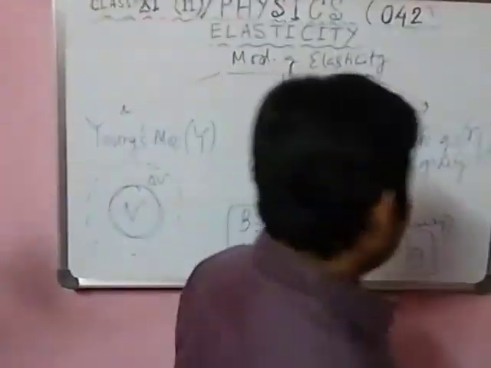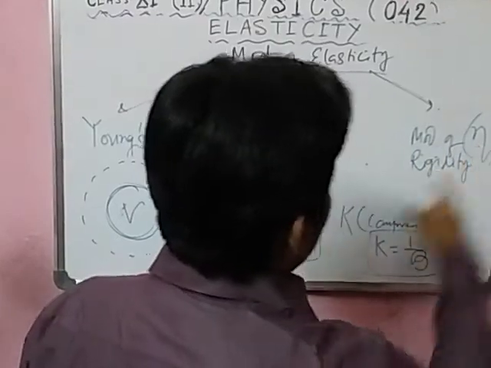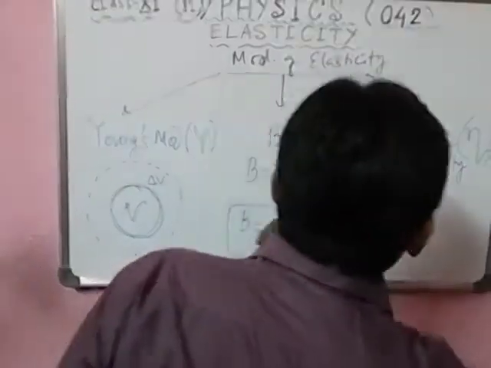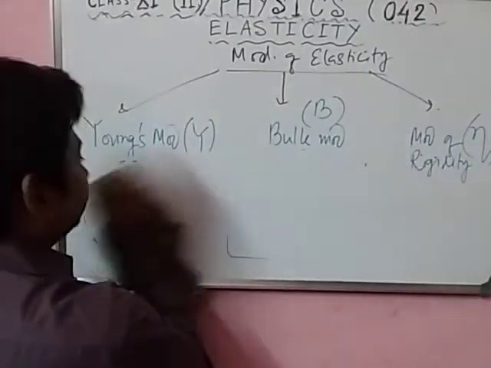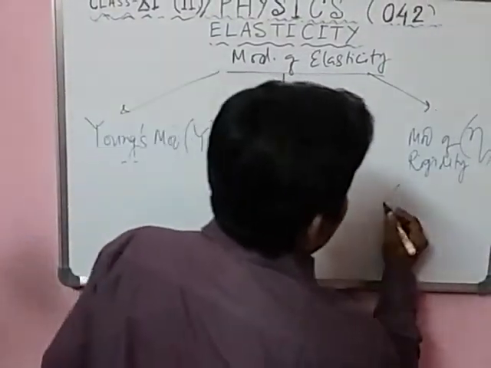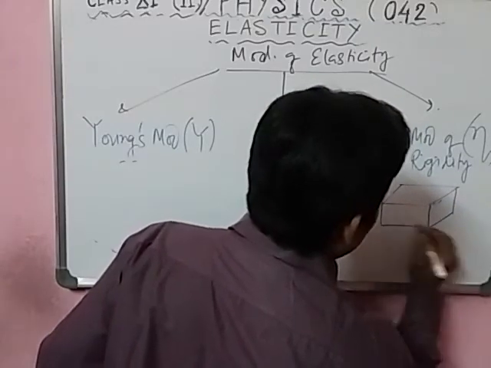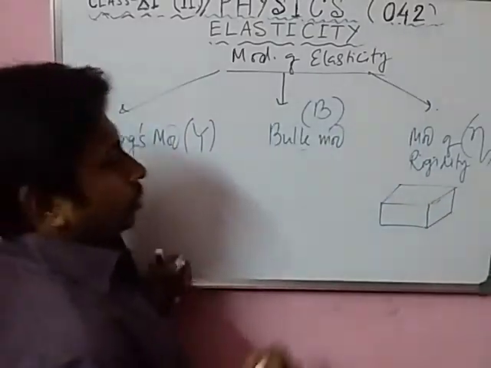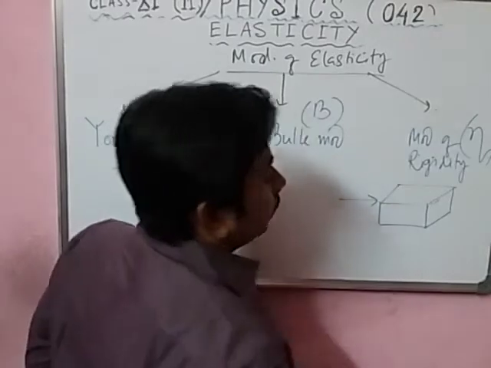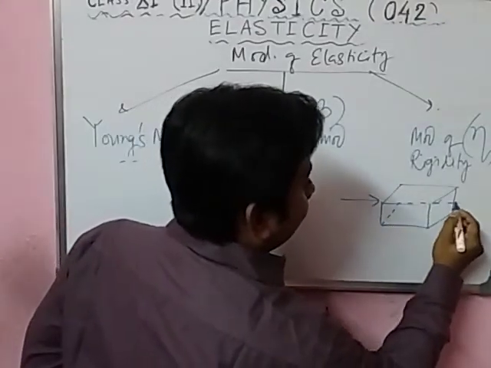Okay, and one more important thing, that is shear stress or shear modulus or modulus of rigidity. So suppose, students, you have a rectangular block like this, and you give a tangential force over it, then what happens? It will bend with some angle, am I right?